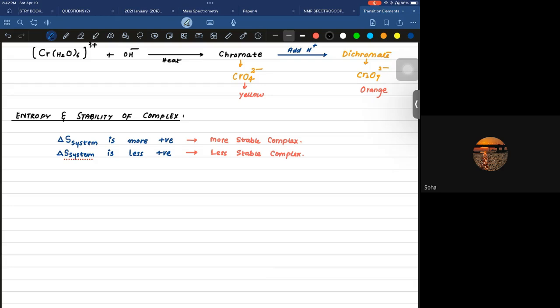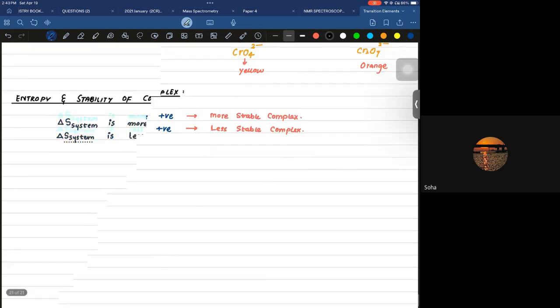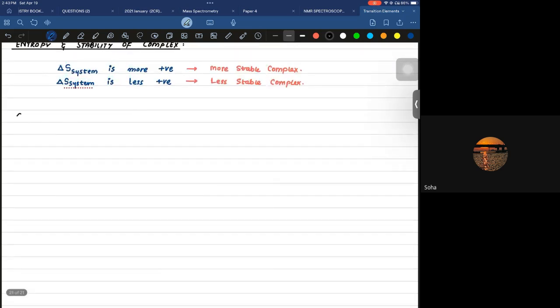Okay. And then we have catalyst. What is catalyst? Remember, catalyst is a substance which is going to increase the rate of reaction, decrease the activation energy, and provide an alternative pathway, without its being used.